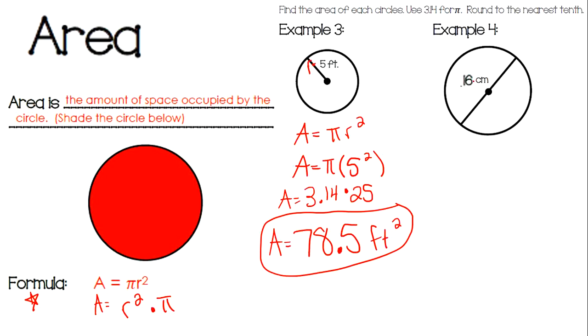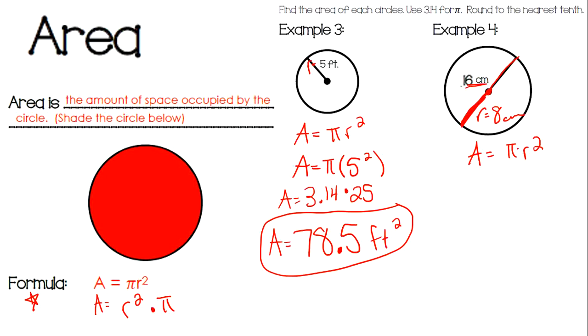Okay, example number 4. So we have 16 centimeters, but this number is representing the whole diameter, just like in example 2. So if we only want from the center to the end on one side, we're going to need half of 16. So the radius is actually 8 centimeters. So when we use area for pi r squared, there is no other way to find the area unless you have the radius.